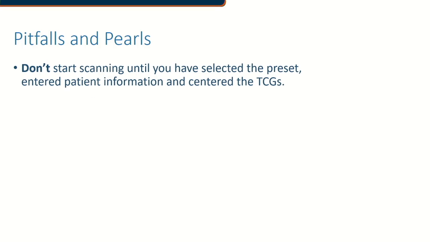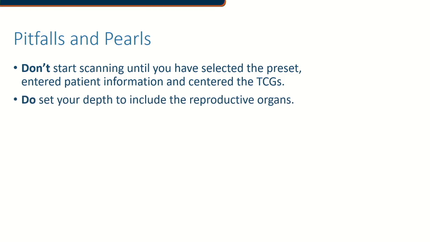Some pearls and pitfalls that you may encounter. Don't start scanning until you've selected your preset, entered your patient information, and centered the TGCs. Do set your depth to include the reproductive organs.